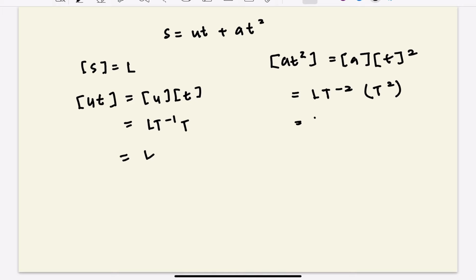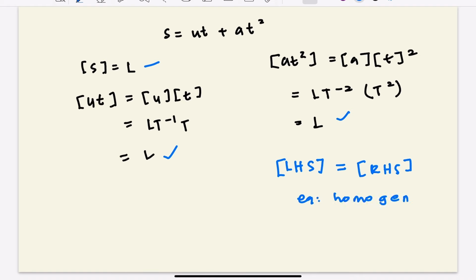You will get L. So from here, you can say that your left hand side is equal to the right hand side. The dimension of left hand side is equal to dimension of right hand side. That means the equation is homogeneous. However, the equation is still incorrect.